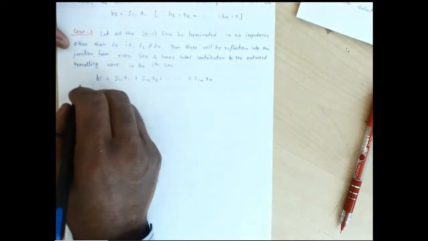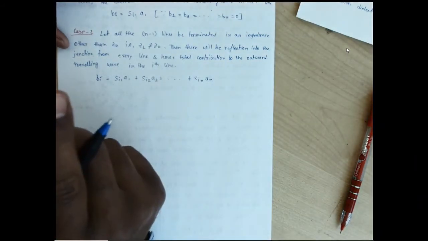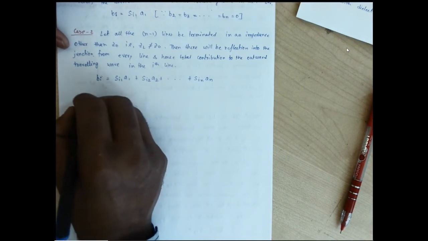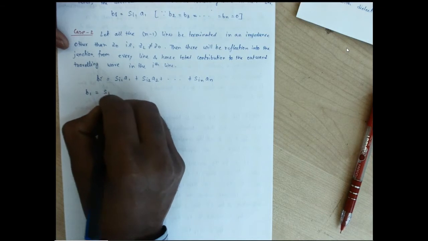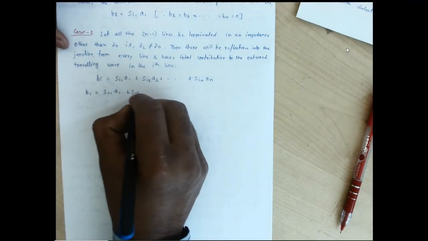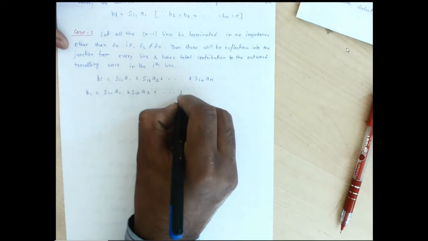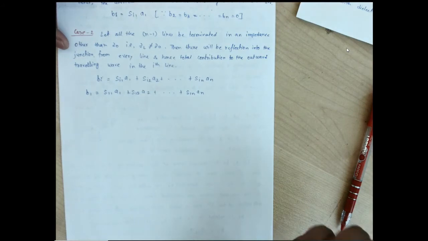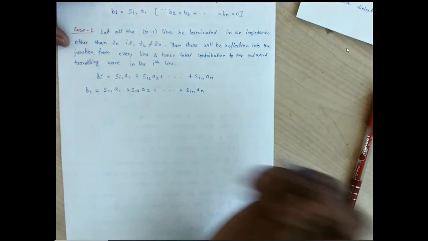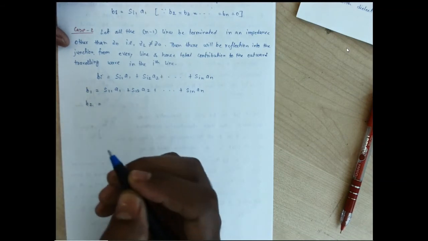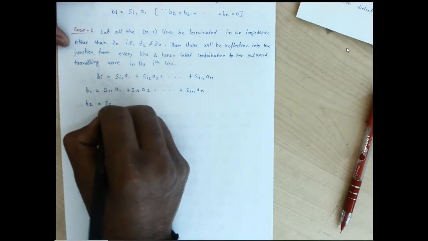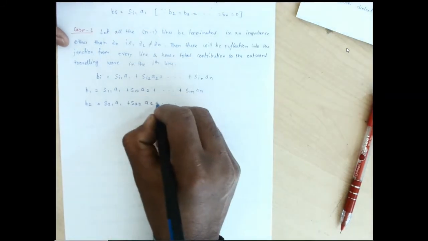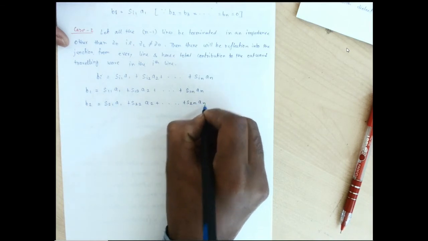Now if we particularly consider that the first line is given as the source, then we can write B1 equals S11 A1 plus S12 A2 and so on, plus S1n An, right? Next, there may be another case where the second line is given as a source, so we can write B2 equals S21 A1 plus S22 A2, like this, plus S2n An.